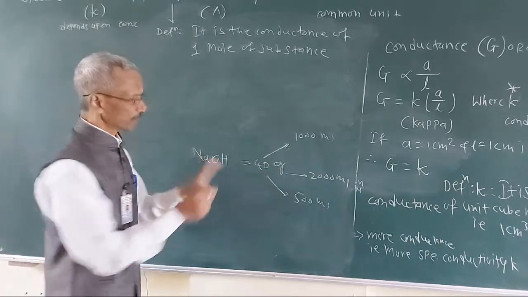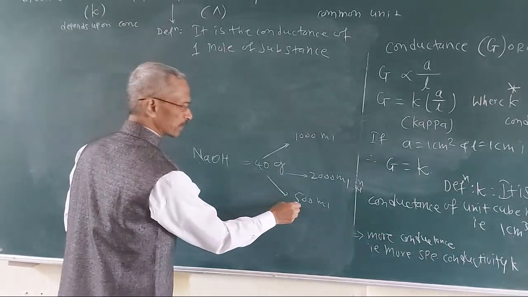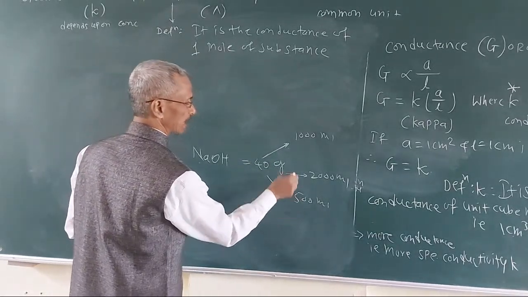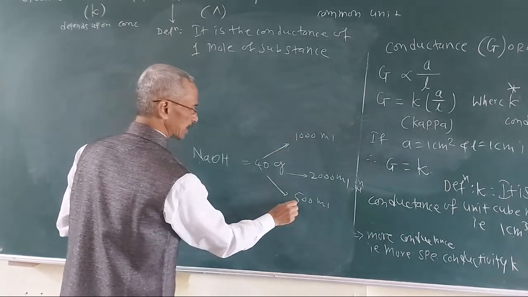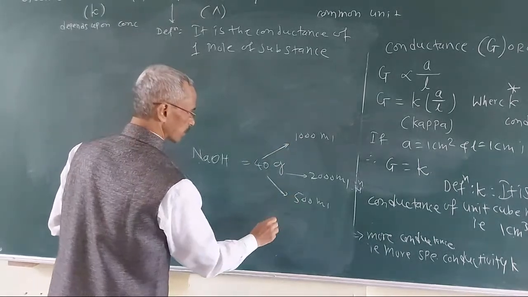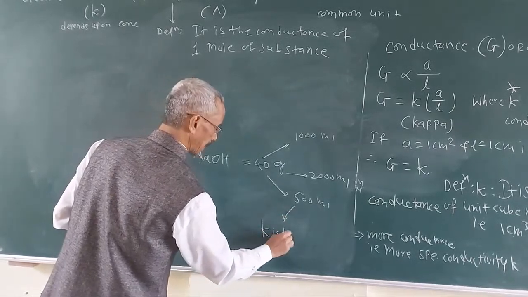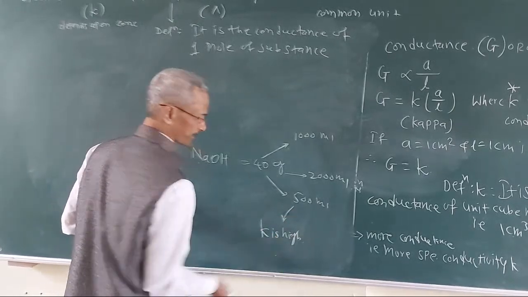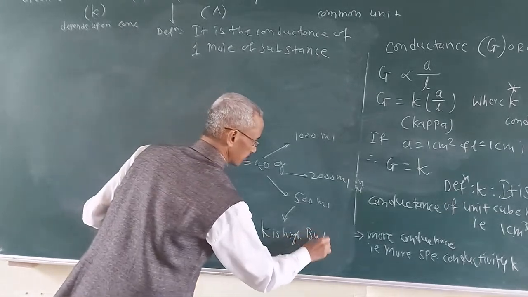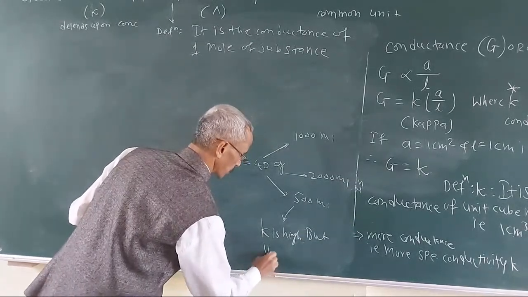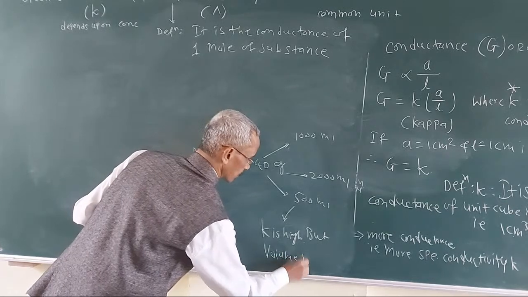So if the solution becomes more concentrated, then K is high but the volume value is low.